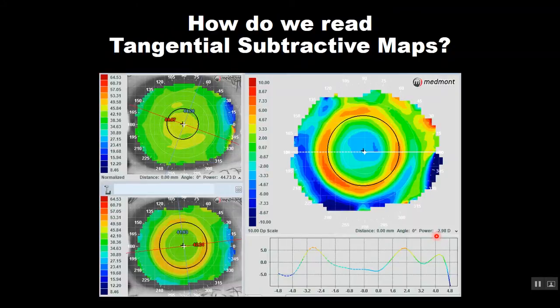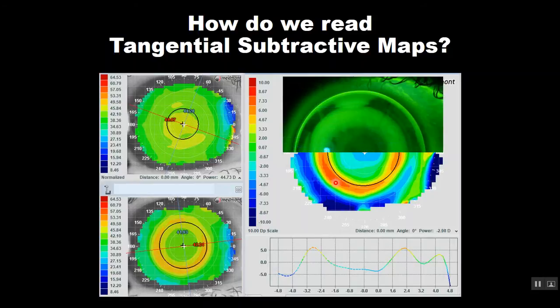Tangential to understand shape. So when we look at a tangential map, we're looking at this hot contour, this ring. Where is it in relationship with the pupil? So the tangential map describes for us where the lens was positioned when the patient was sleeping. Is that red ring centered to the pupil?